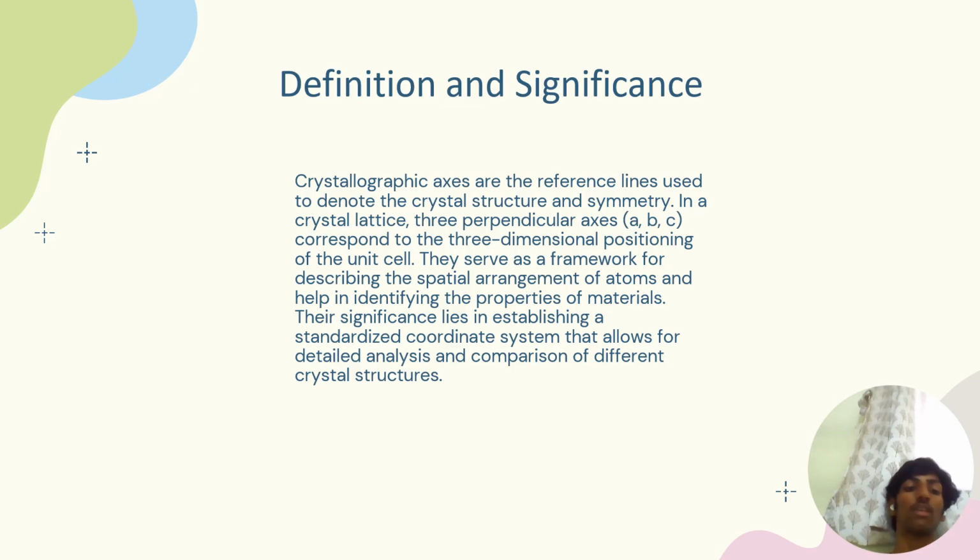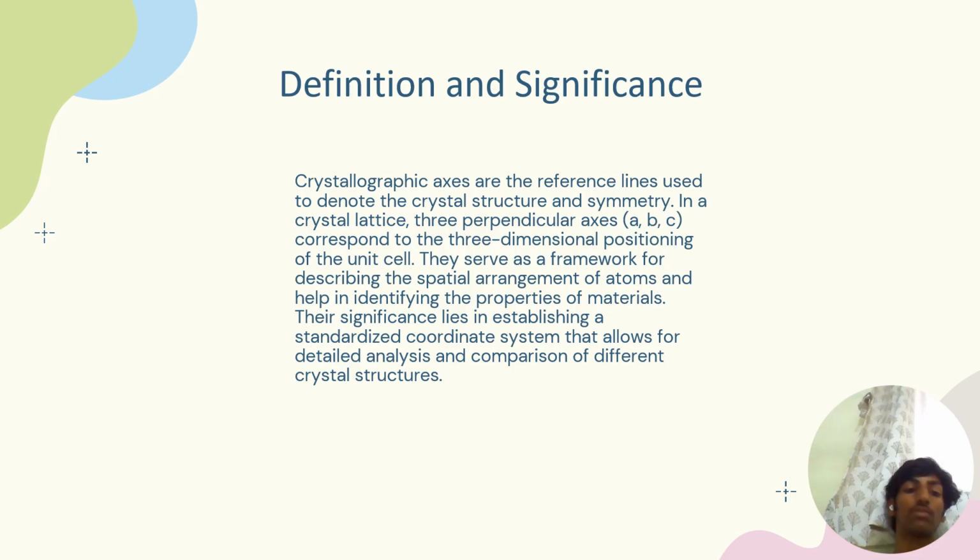Crystallographic axes are imaginary reference lines which are used to describe the geometry and symmetry of a crystal. In the crystal lattice, we define three main axes: A, B, and C. They describe the unit cell, which is a small repeating unit of the crystal. These axes form a 3D coordinate system that helps us to describe the position of the atoms or molecules inside the structure.